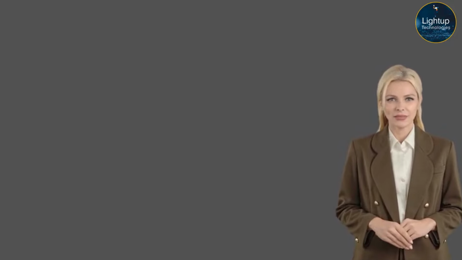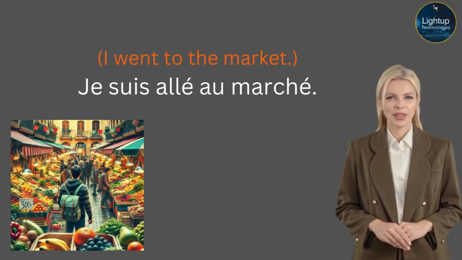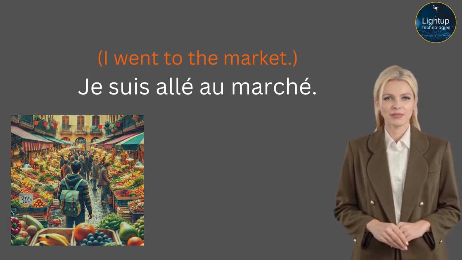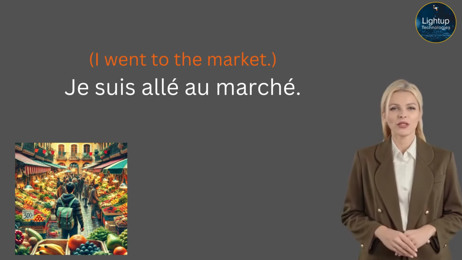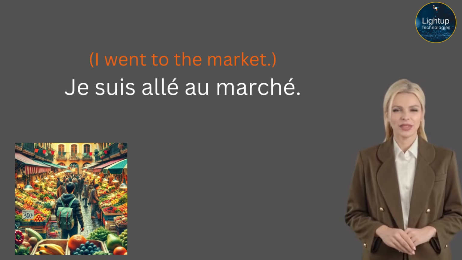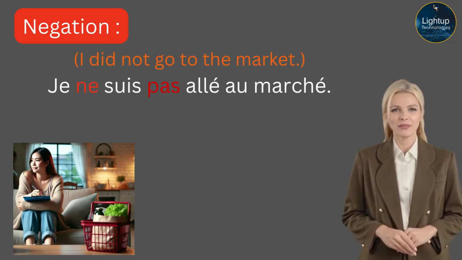Now let's look at another example using passé composé with the verb to be, être. I went to the market. Je suis allé au marché. In this sentence we are using passé composé with the auxiliary to be and not j'ai, but je suis. And now how do you say, I did not go to the market?